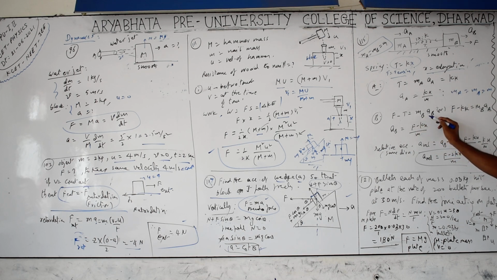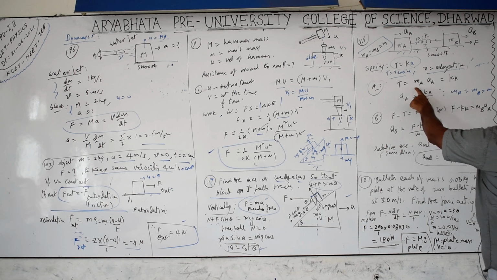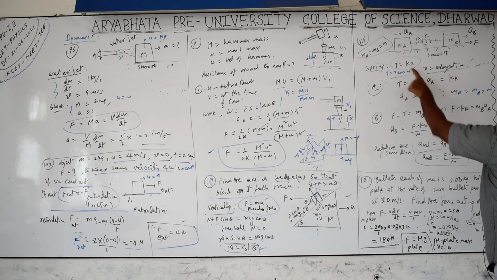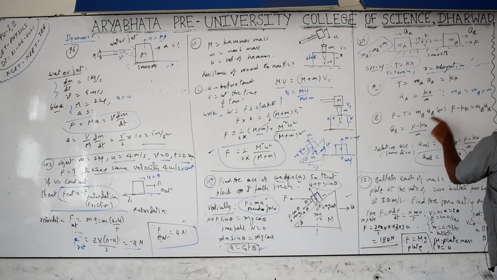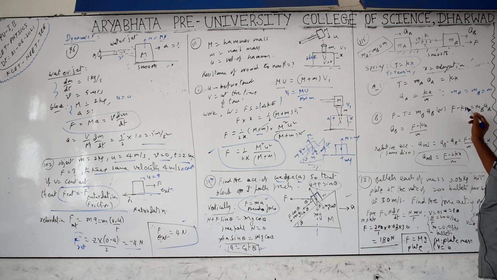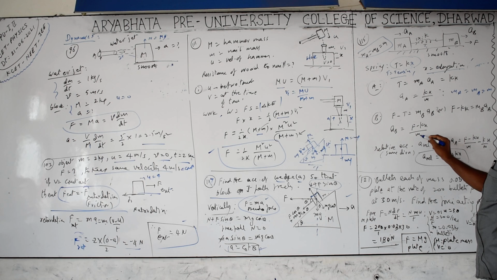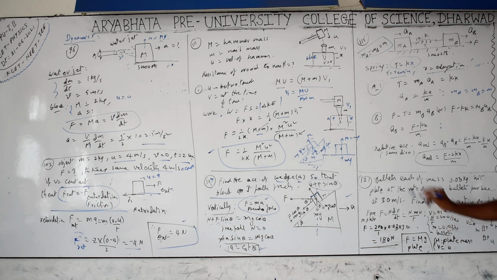F minus T equal to Mb into AB, and substituting from the previous relationship, Kx here: F minus Kx equal to M into A of the block B. Then acceleration of the block B becomes equal to F minus Kx by Mb. Here also we take Mb equal to M only. But they asked not acceleration, they asked relative acceleration.